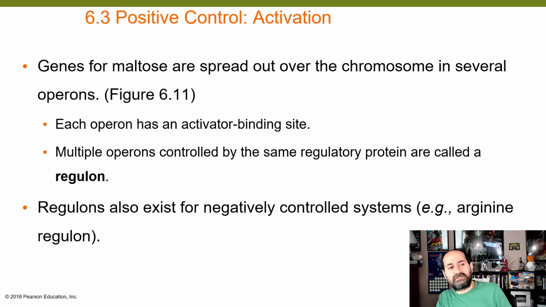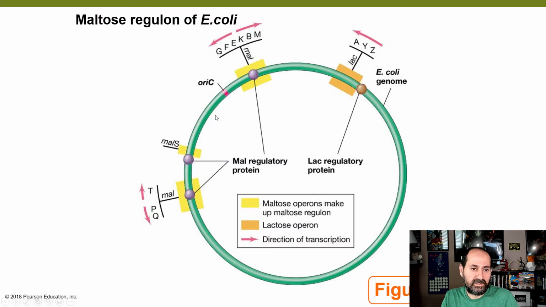Next concept here, this is the concept of a regulon. If you have multiple operons controlled by the same regulatory protein, this is called a regulon, and the maltose genes are an example of a regulon. If you were to look at the E. coli chromosome, this is the circularized E. coli chromosome, you have maltose genes here, maltose genes here, maltose genes here.